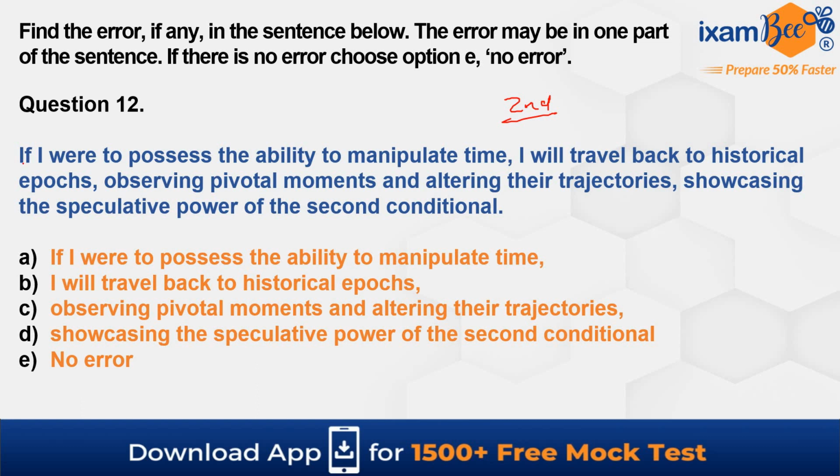Whereas in the previous, that is the first condition, we talk about present and future. So here you check, if I were to possess the ability. The structure for this second conditional is if plus simple past. And here your modal verbs plus main verb. Please note modal verb here should be in its past form. So let's check, if I were.